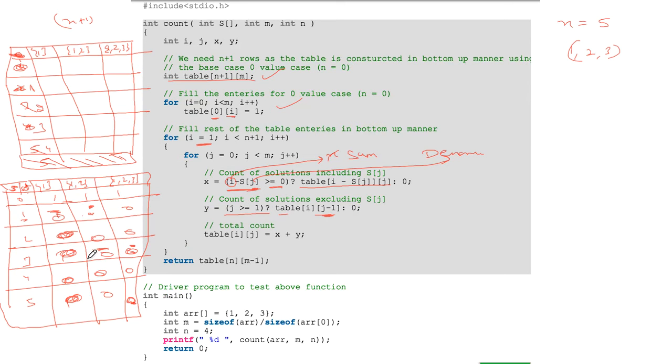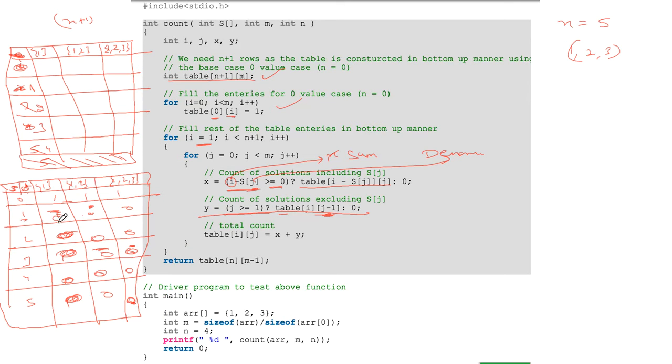So this will be table of i and j minus 1, the previous entry of not including. If j is equal to 1, then otherwise this.